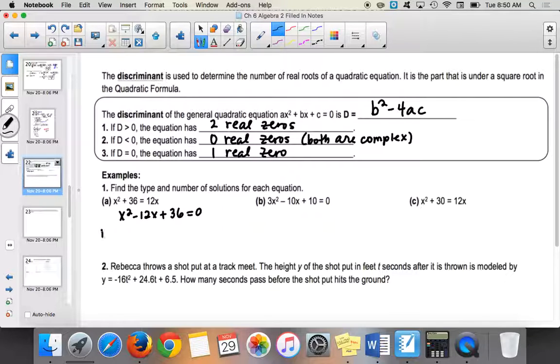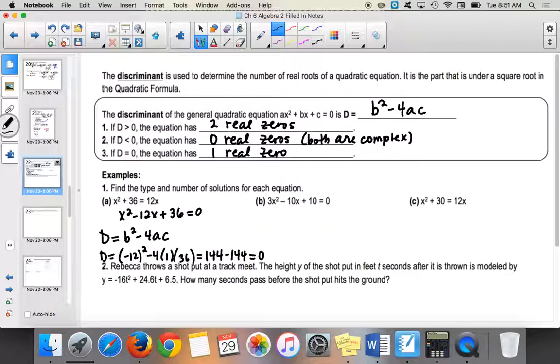So if I look at my discriminant, which is b squared minus 4ac, my b is negative 12, so I'm going to do negative 12 squared minus 4 times 1 times 36. And I end up getting 144 minus 144. So I get 0. So my discriminant is 0.